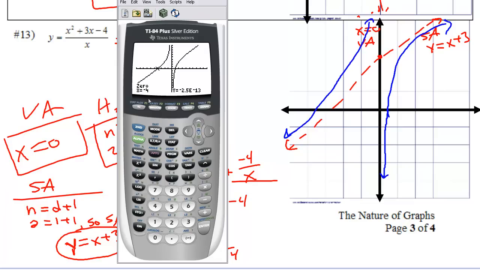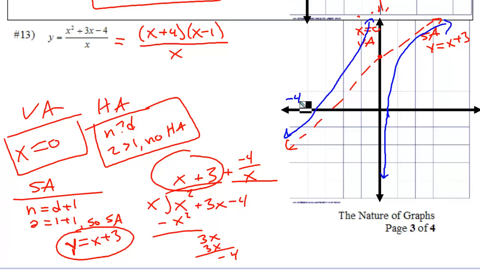It's about -4. And then you see this weird thing, -2.5 e to -13. That means we're going to have a -0.1225, which your calculator is saying that's 0. So that is our x-intercept. It's -4, 0.